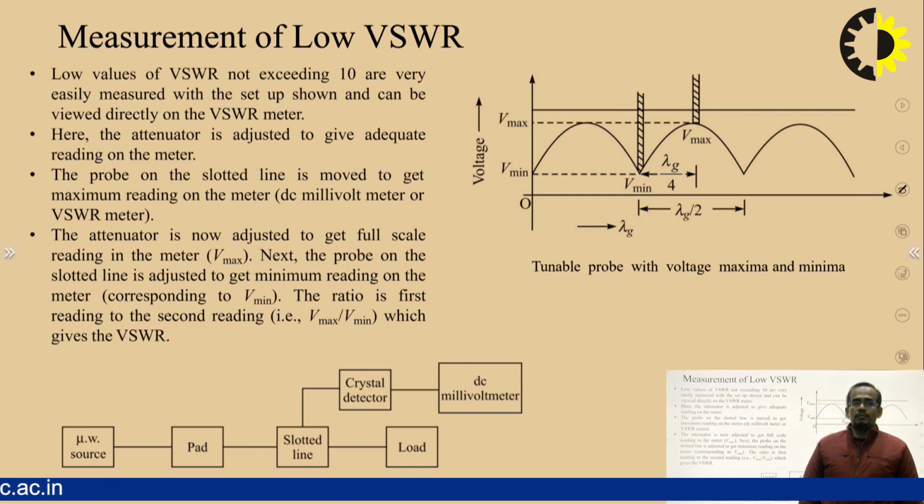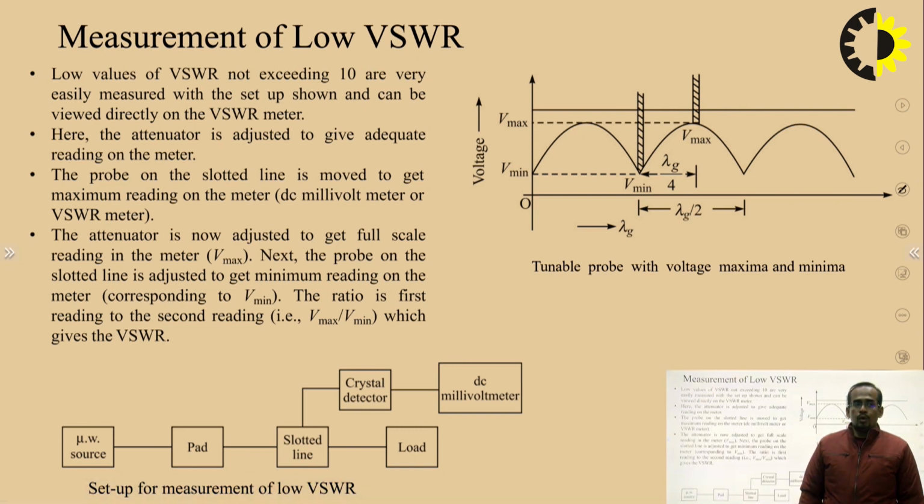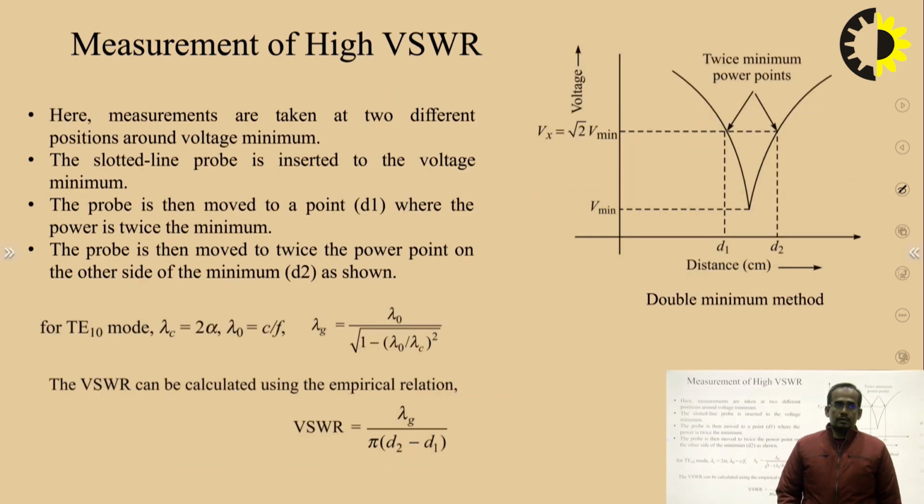By getting the maximum and minimum value of the voltage, the ratio of the maximum and minimum voltage gives the value of VSWR. In this way we can measure the VSWR if the value is less than 10.